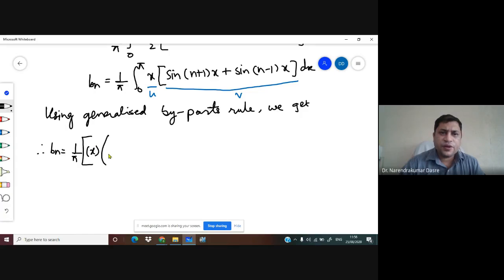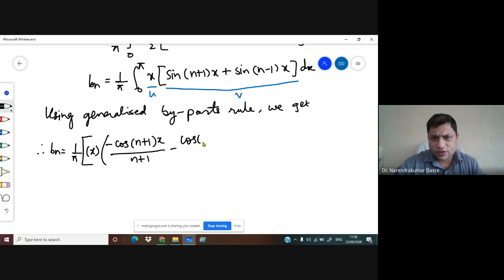So we have integration of this term v. So it is minus cos of n plus 1x on n plus 1 minus cos of n minus 1x on n minus 1. And now minus the derivative of this term and integration of this term.